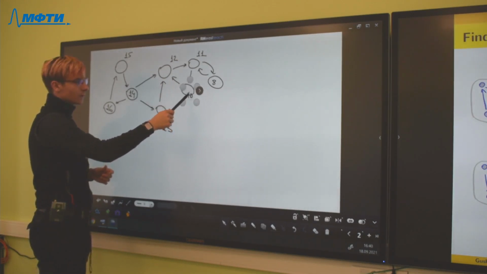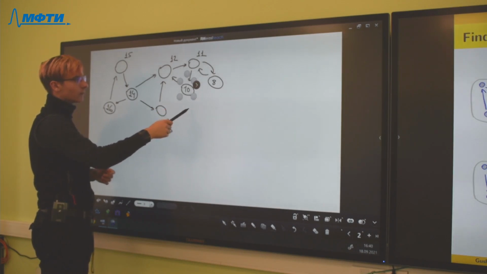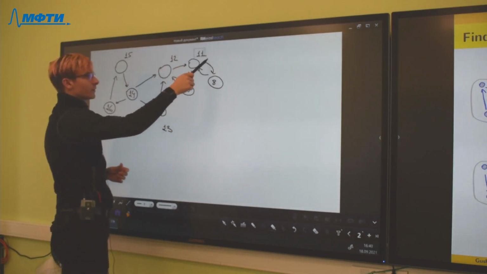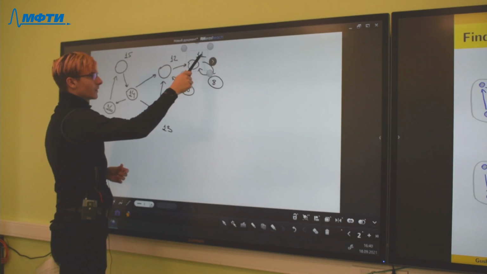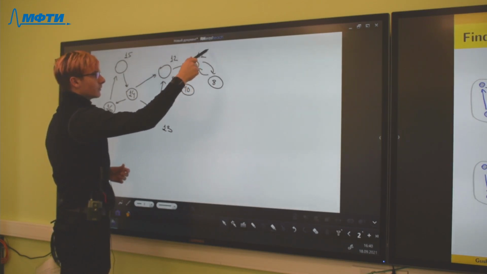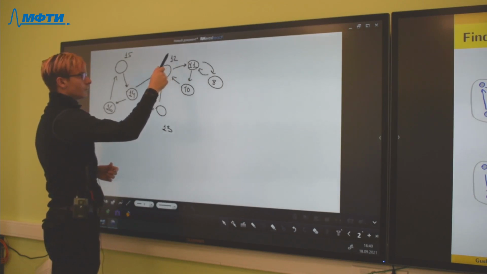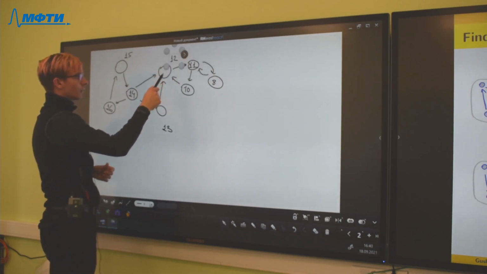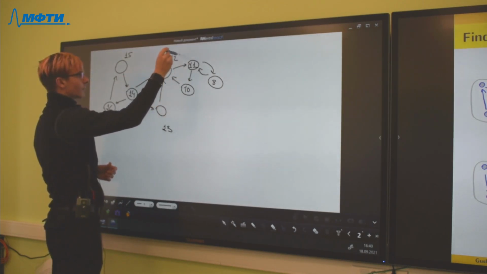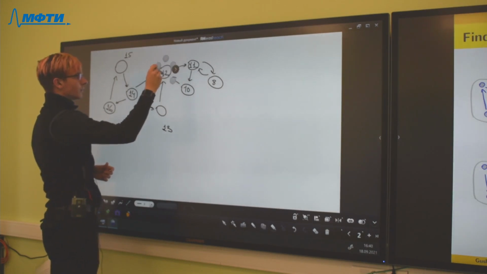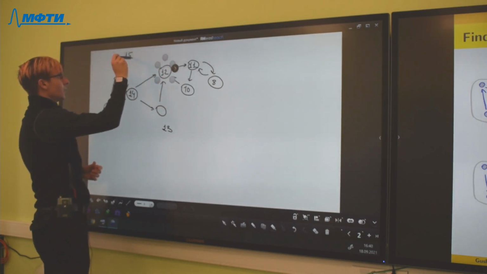Finish with number 10. And then I finish with this vertex with number 11. Okay, I try to put it in the vertices.